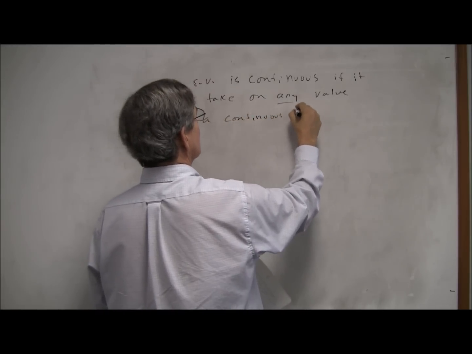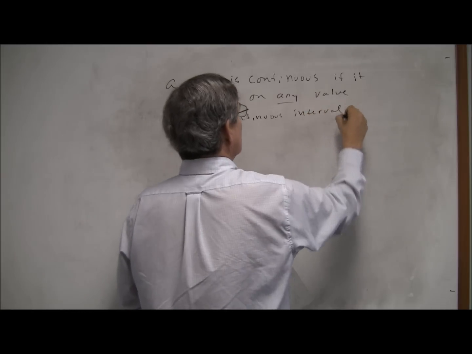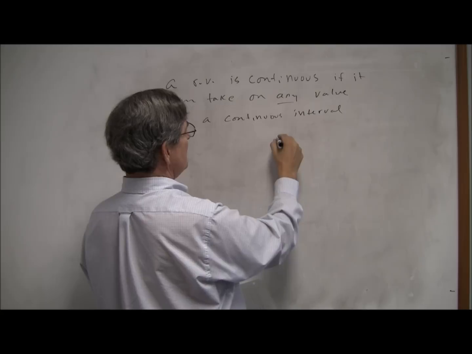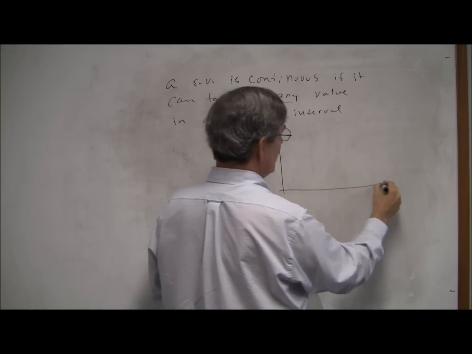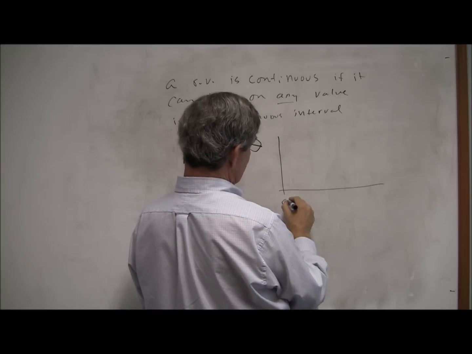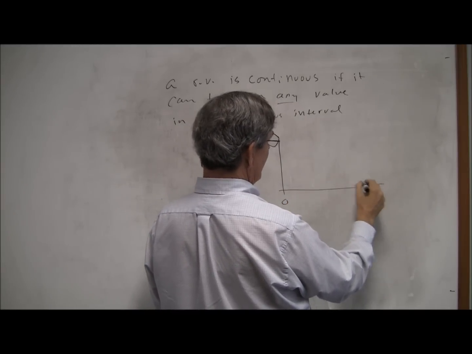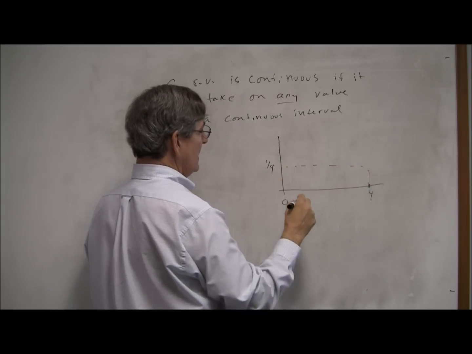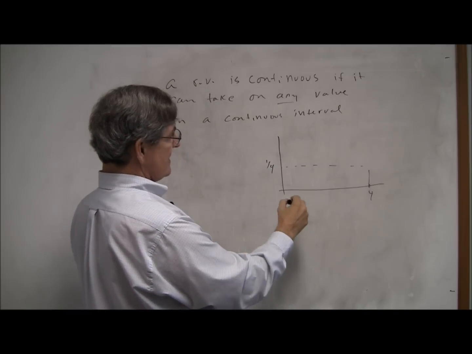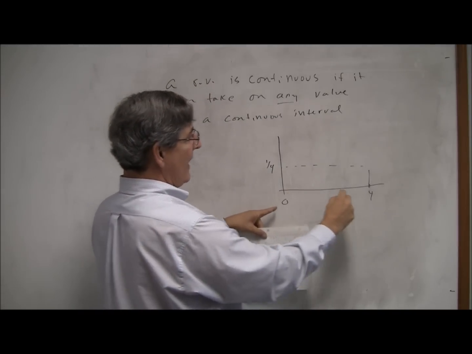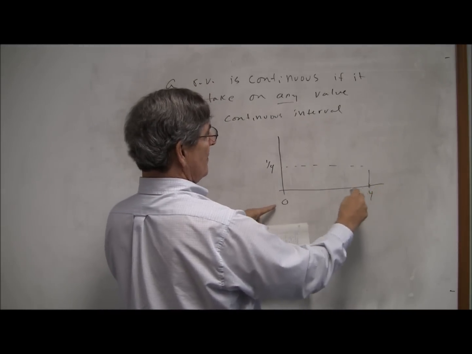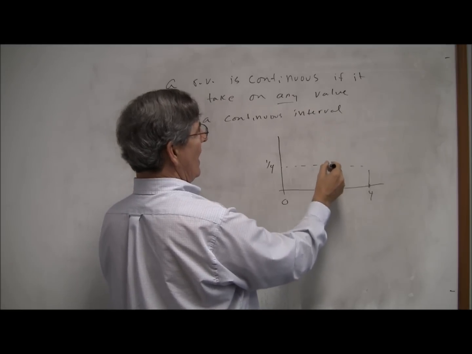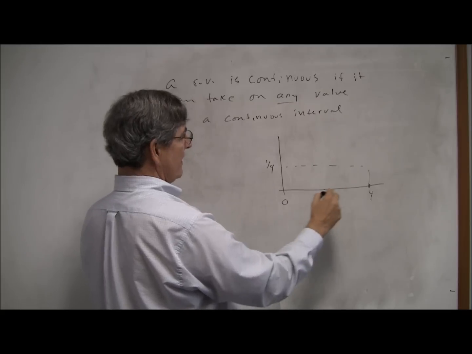One type of probability distribution is a uniform distribution. The example I'm going to use later goes from 0 to 4, and the height of this might be 1/4. So what we're saying is this random variable can take on any value between 0 and 4, and the height, 1/4, is basically the probability of a particular outcome.